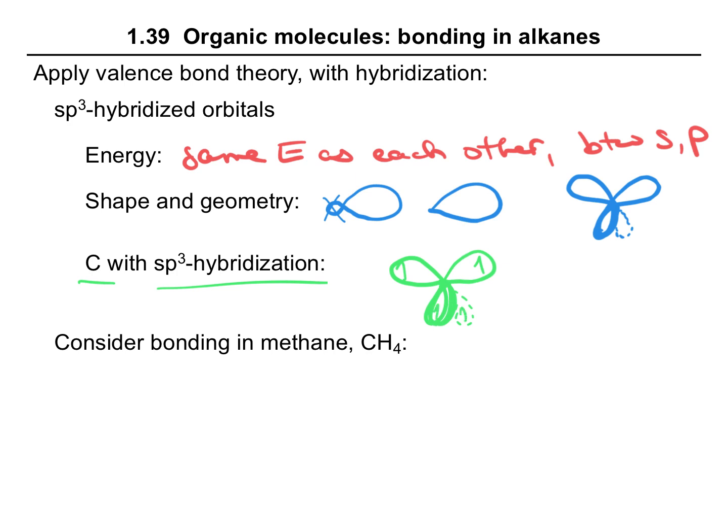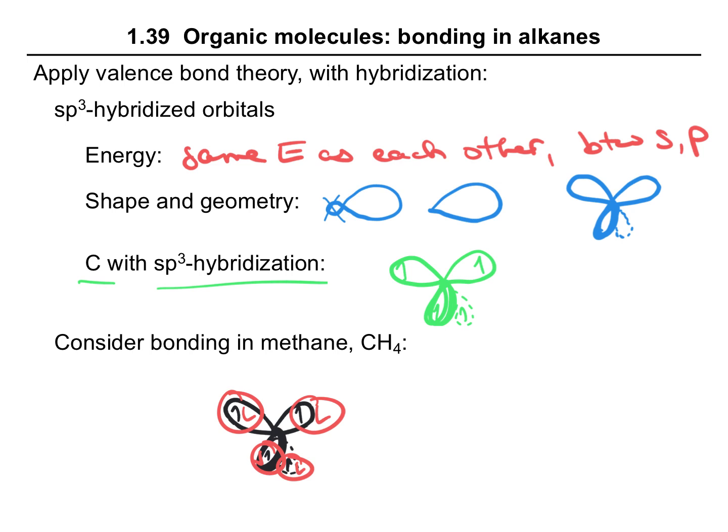So when we consider bonding in methane, we have our carbon with the 4 sp3 hybridized orbitals, each filled with one electron. And then we have our hydrogen 1s, another hydrogen 1s, another hydrogen 1s, and another hydrogen 1s.